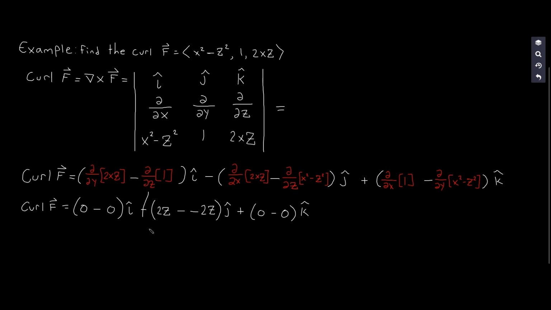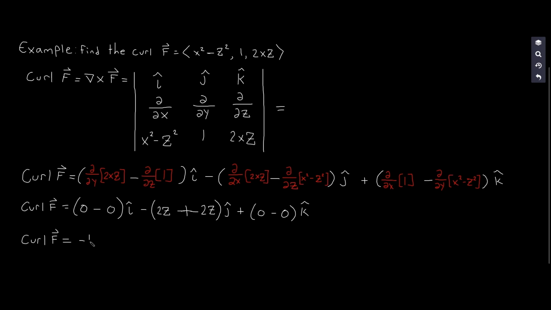Now, if we look at this, we have 2z minus negative 2z. Well, that's going to turn into a plus. But the thing is it's like we're subtracting this from 0, so it's going to become a negative again. So 0 i hat minus 4z j hat.